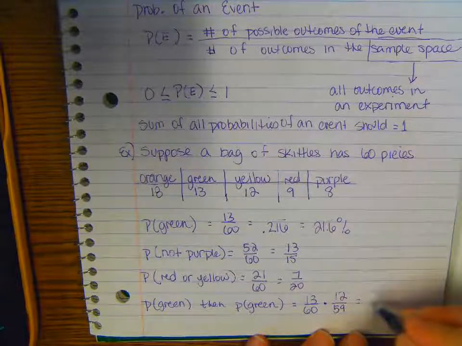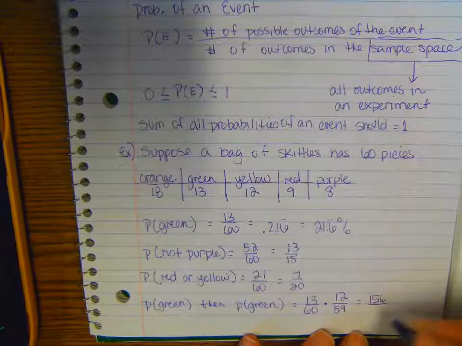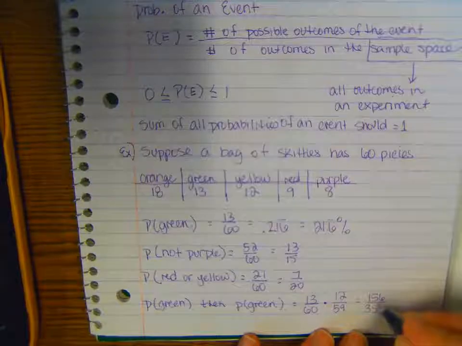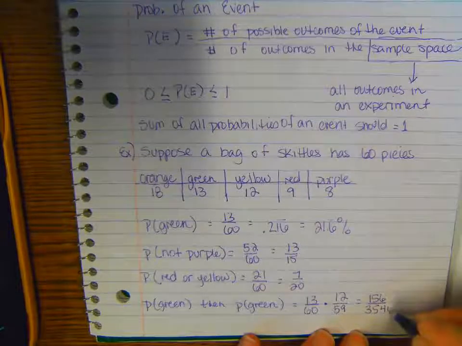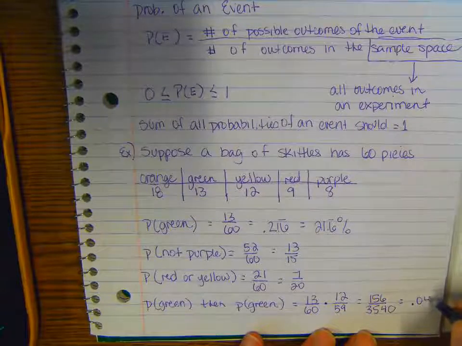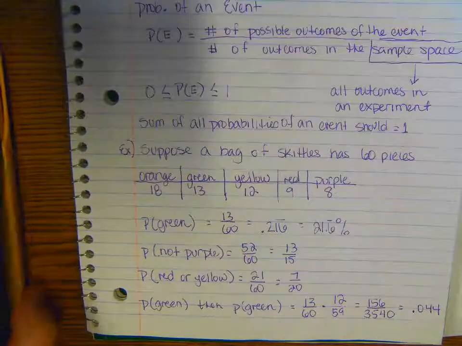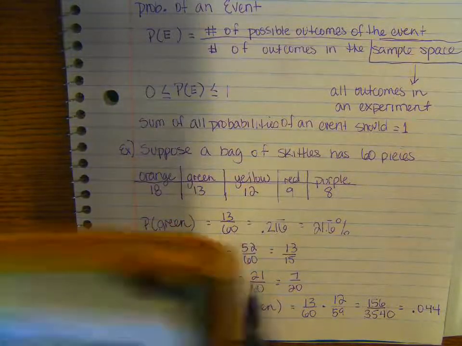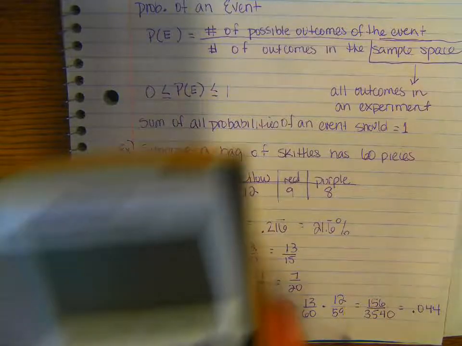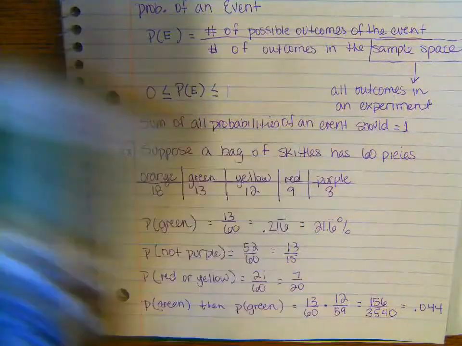If I was doing it as a fraction, I get 156 over 3,540, and you get 0.044 about. Yeah, it's not exact, but we can do it as a fraction exactly.